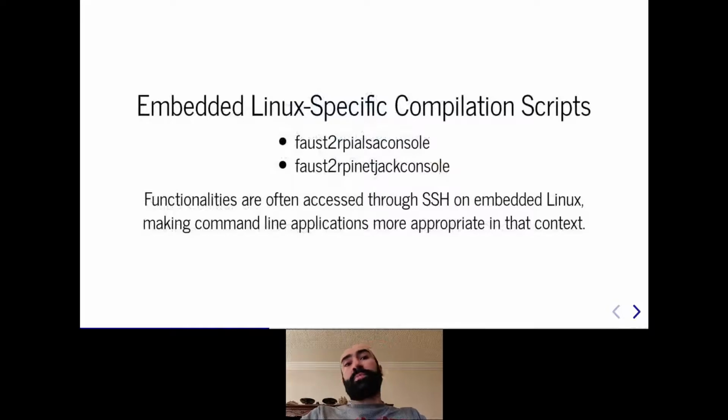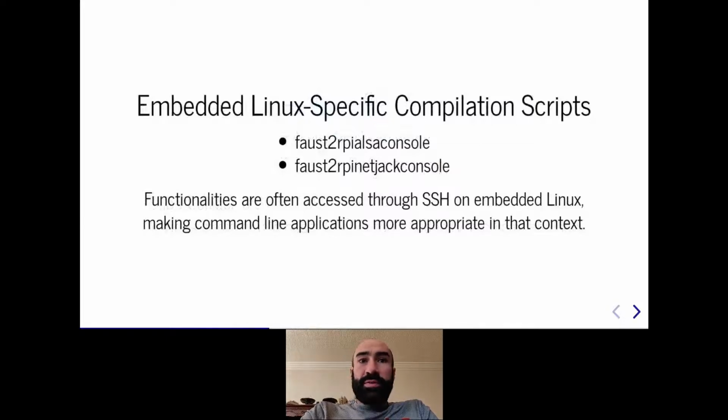While most Linux-compatible Faust2 compilation scripts can be used on embedded Linux systems with potentially some adjustments in the C++ compilation flags, platform-specific scripts such as faust2rpialsaconsole or faust2rpinetjackconsole, which target the Raspberry Pi, were implemented.